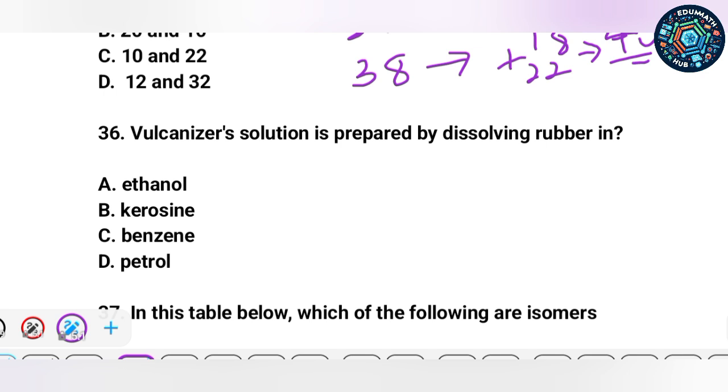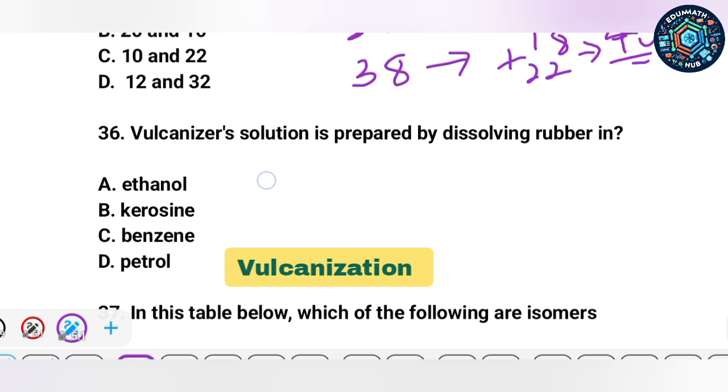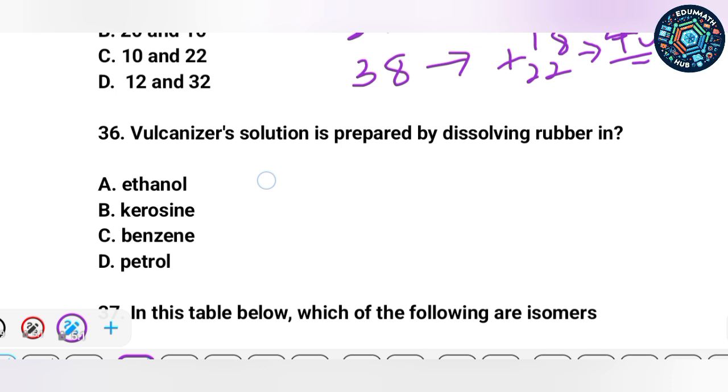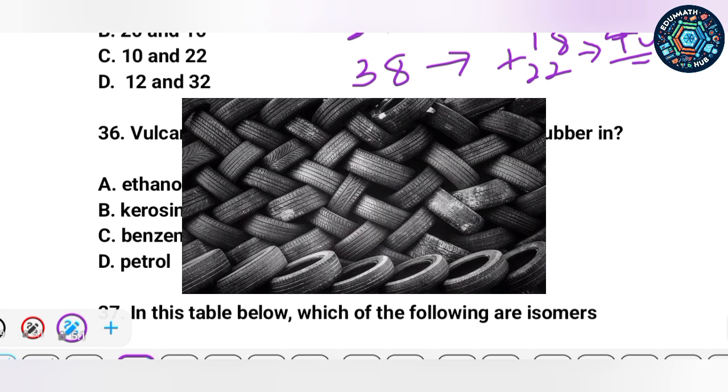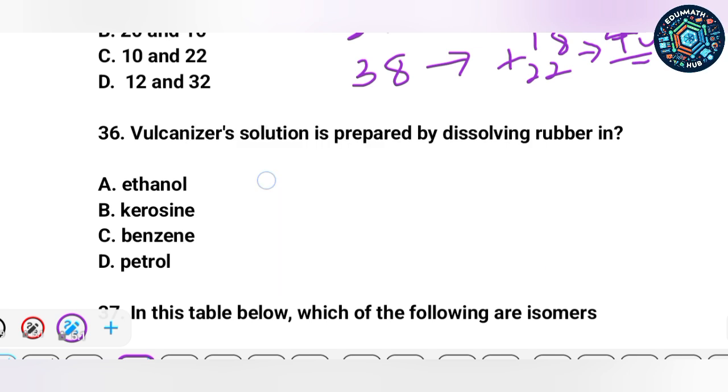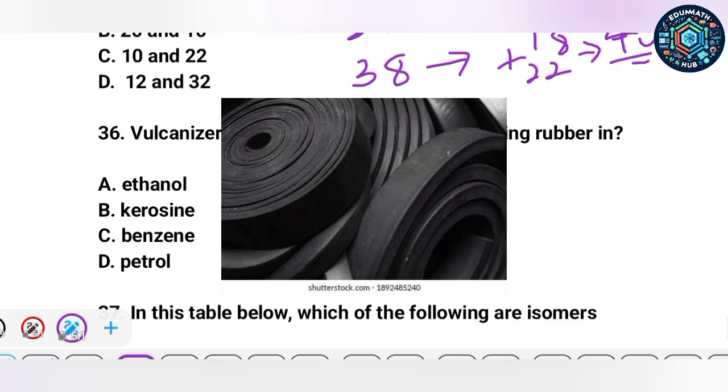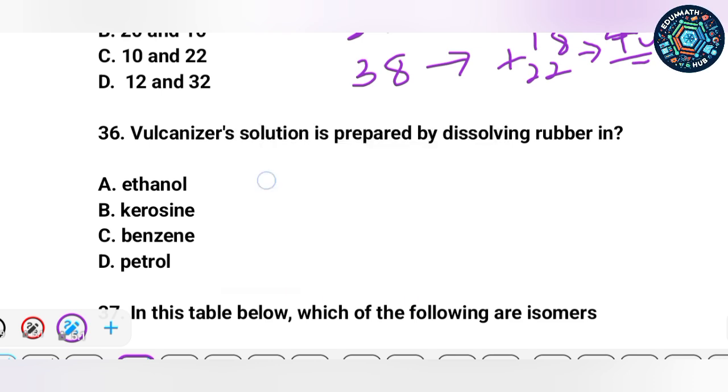Vulcanizer solution is prepared by dissolving rubber in dash. First of all, you need to understand the process called vulcanization. This is the process in which rubber is strengthened or made to have high durable structure. In this process, you have to heat rubber with sulfur. Okay, rubber is heated with sulfur to make the rubber to be very strong and to have good strength. To start the process of vulcanization, you must first of all prepare what is called vulcanizer solution.